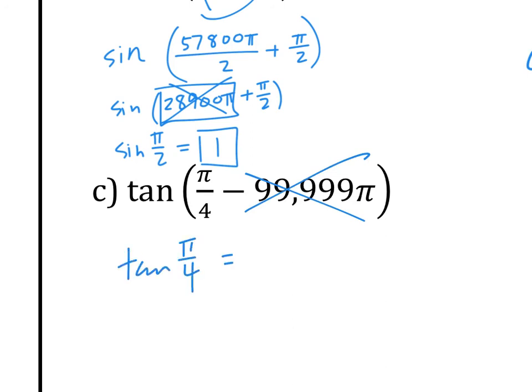Tangent again is sine over cosine, and at pi over 4 they have the same ratio, so this is just 1. Okay, good? Yes, maybe? Yeah, kind of.